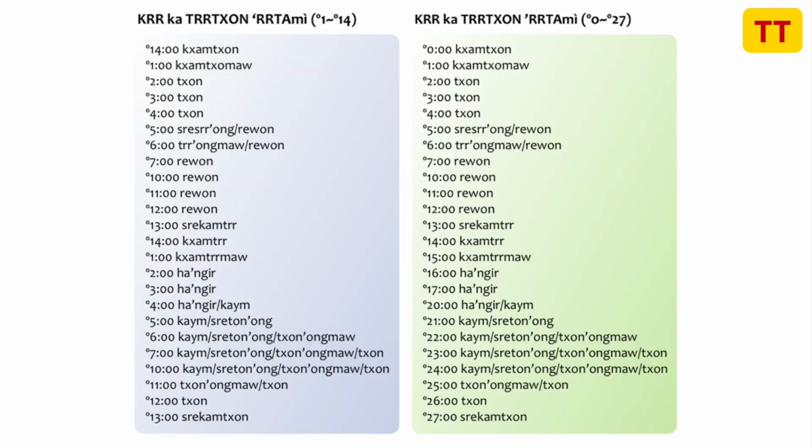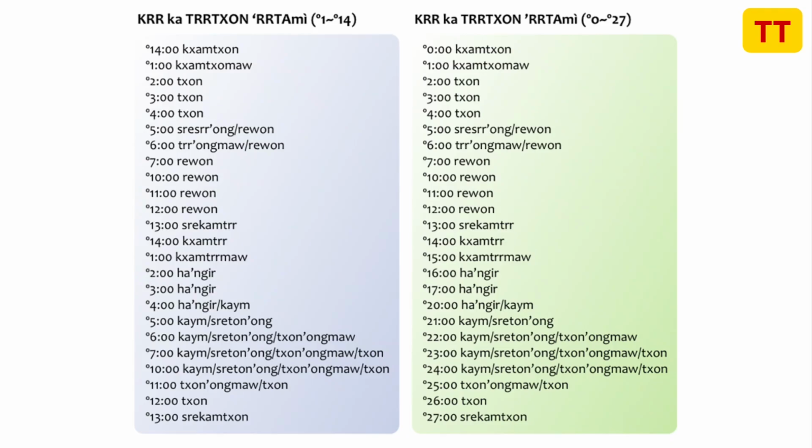So we have 1 a.m. being on Mao directly after midnight, 2 a.m., 3 a.m., 4 a.m. being on, then 5 a.m., 6 a.m. being Rewon or Sre Srong or Trong Mao and so on. So this can be helpful if you are unsure which daytime word you are supposed to use. This is a nice overview.